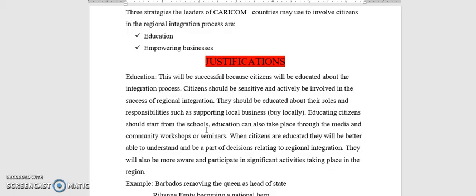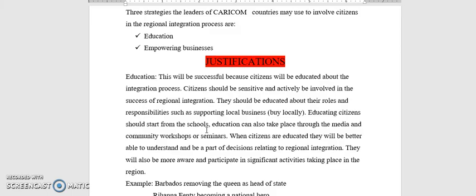Education can also take the form of media. So they could use the media, the social media, to promote regional integration, to educate citizens about what regional integration is and how it affects them. Also, they could go into the communities and have workshops and seminars to educate citizens on regional integration.